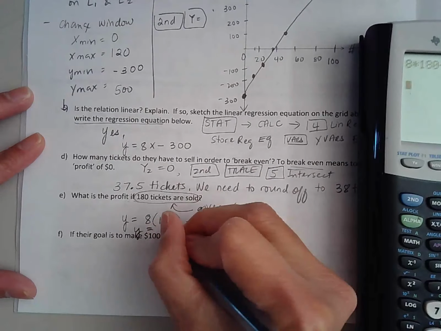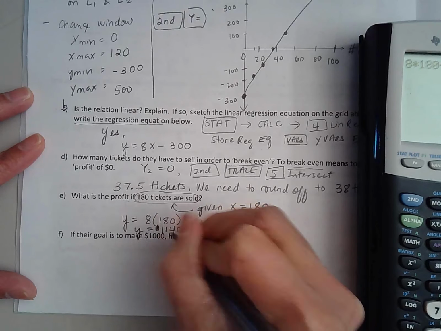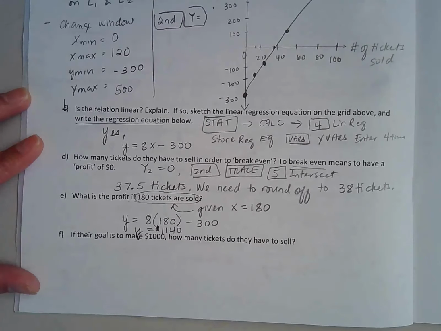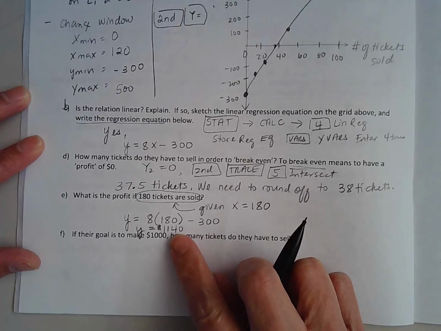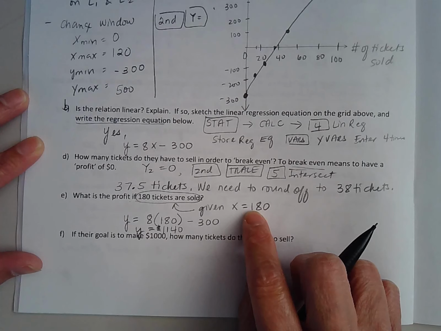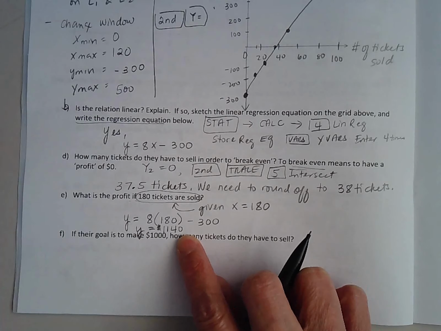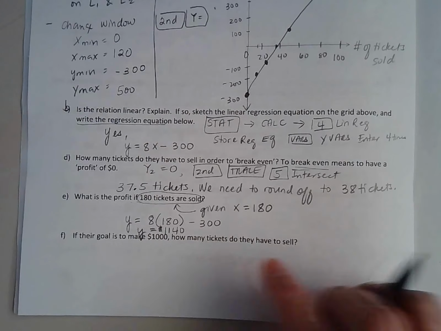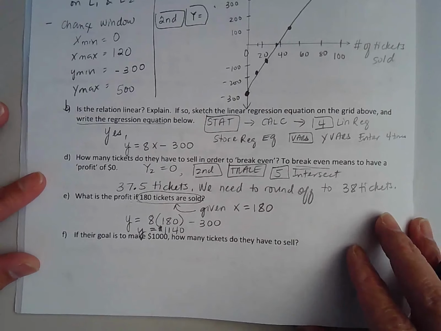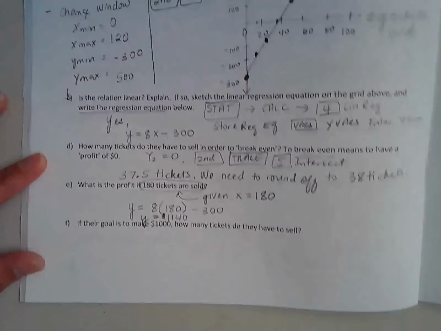They're going to make $1,140. So that means if they sell 180 tickets, X is 180, then the Y is 1140. Is that one okay? Pretty clear?